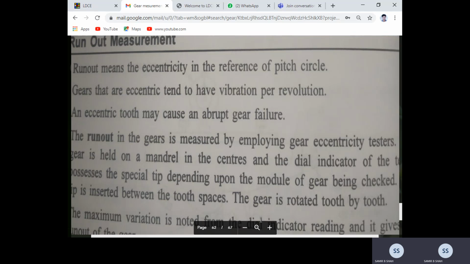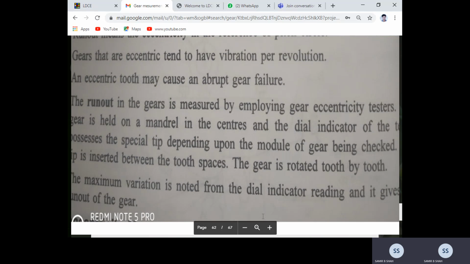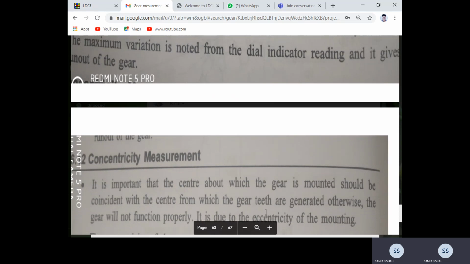According to the module of the gear being checked, the tip is inserted between two spaces, and the gear is rotated tooth by tooth, right? The maximum variation is noted from the dial indicator reading and it gives the runout of the gear. Okay, so with the help of the dial indicator, we identify the maximum runout of the gear.